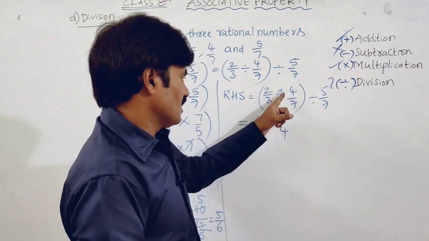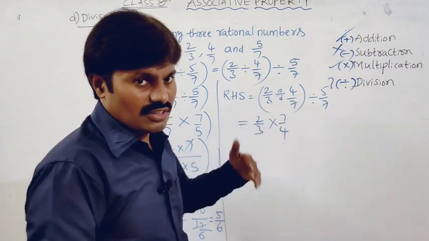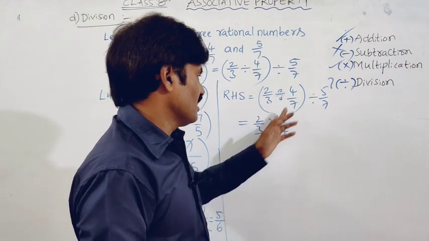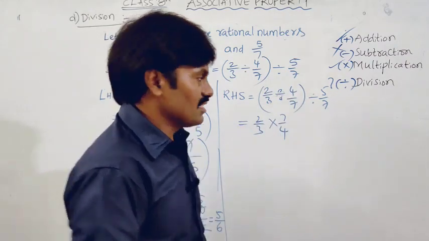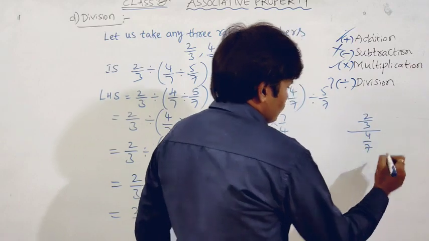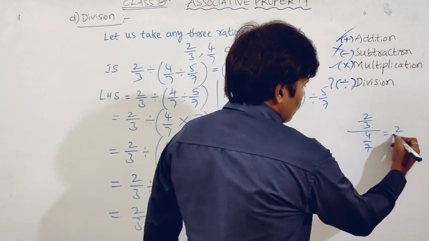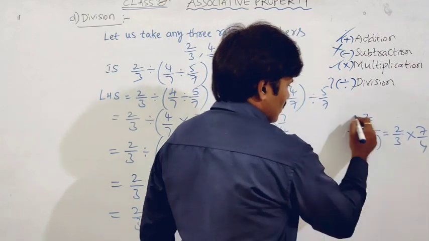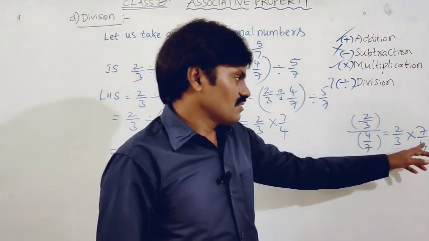While dividing, we have one procedure: we have to convert the sign into multiplication, then write the reciprocal. See how, because 2 by 3 divided by 4 by 7, when we write it in fraction form, we get the reciprocal 7 by 4 like this. Okay, clear?